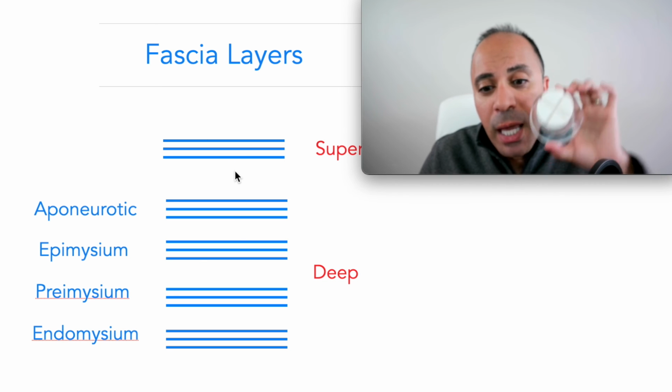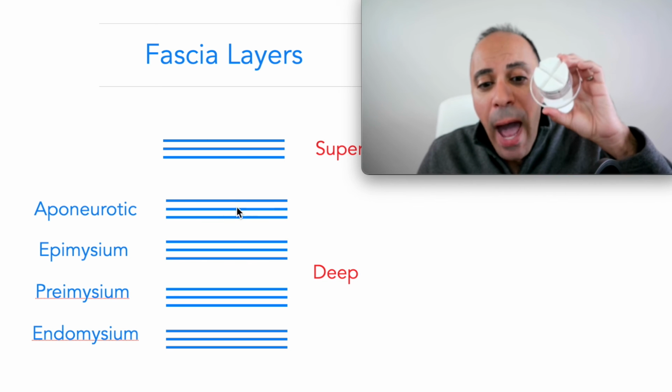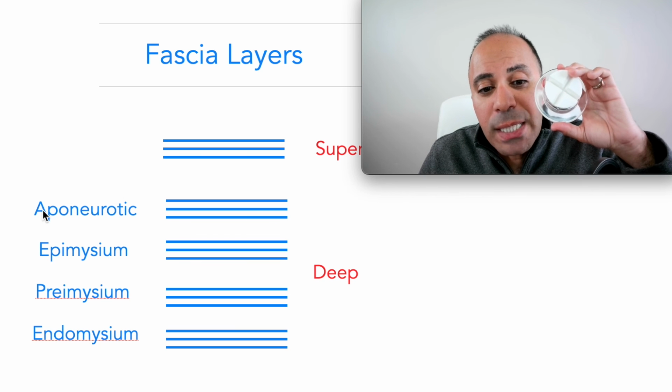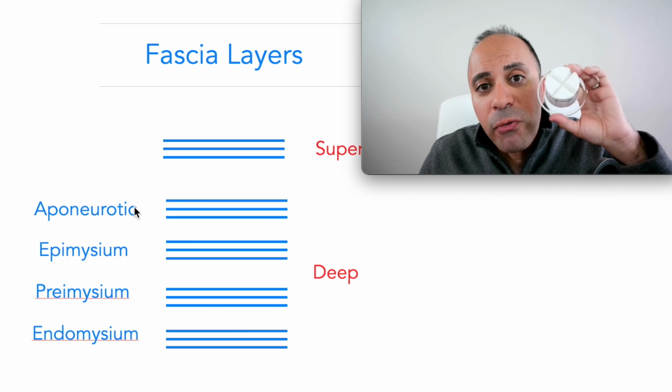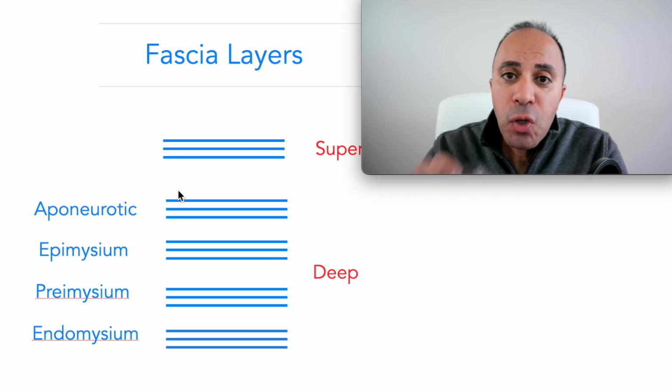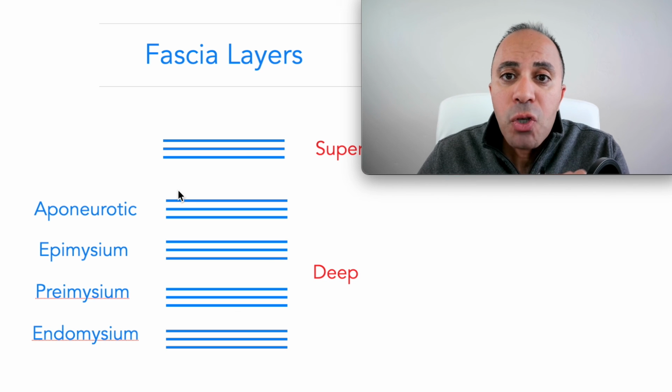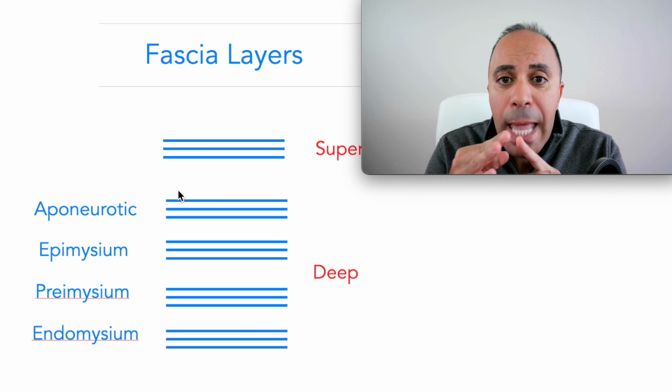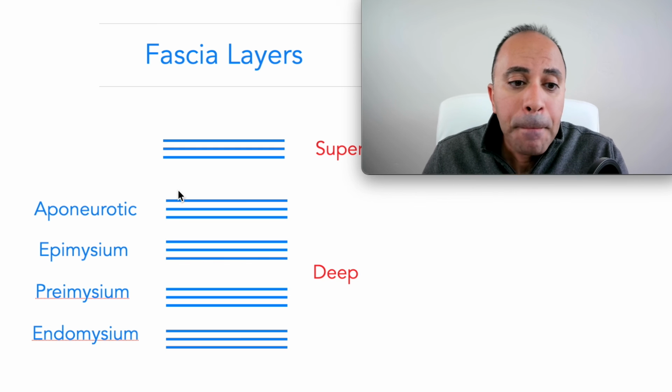For the deep fascia layer, I can use the A1 to release the aponeurotic fascia layer, and then I use the A5 to work on the epimysium, perimysium, and endomysium.